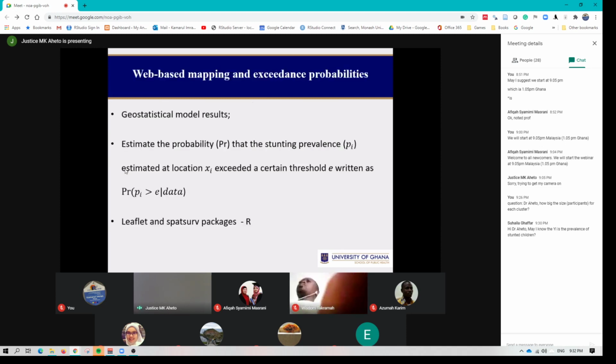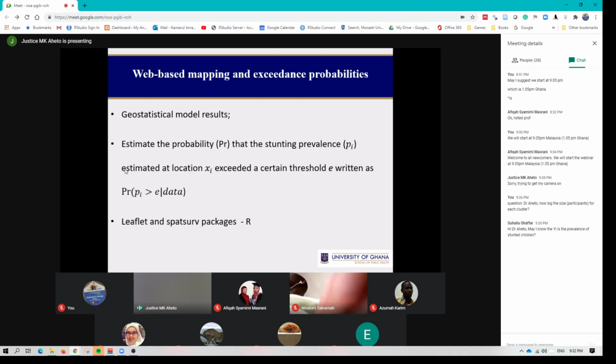Now, there is this issue about the web-based mapping and the exceedance probabilities. For instance, if we want to use our results to inform policy decisions, we have to be sure that our predictions are very informative. If I finish all this work and leave my result in a static map, we know for sure that even a single dot with your pen on a static map can represent sometimes a whole region or district or several communities combined.